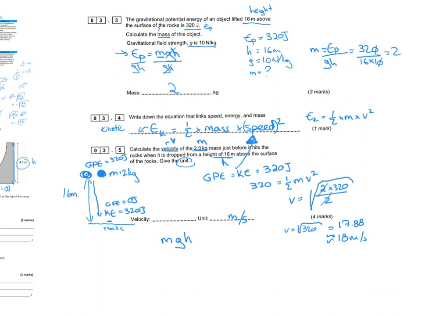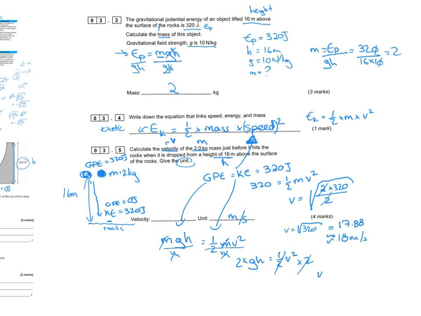the gravitational potential energy equation is equal to the equation of kinetic energy. If I divide both sides by mass, because they both have mass, they cancel out. Then I have GH is equal to a half V squared. Now, I just want to find velocity, so simply multiply both sides by 2 to get rid of the half.